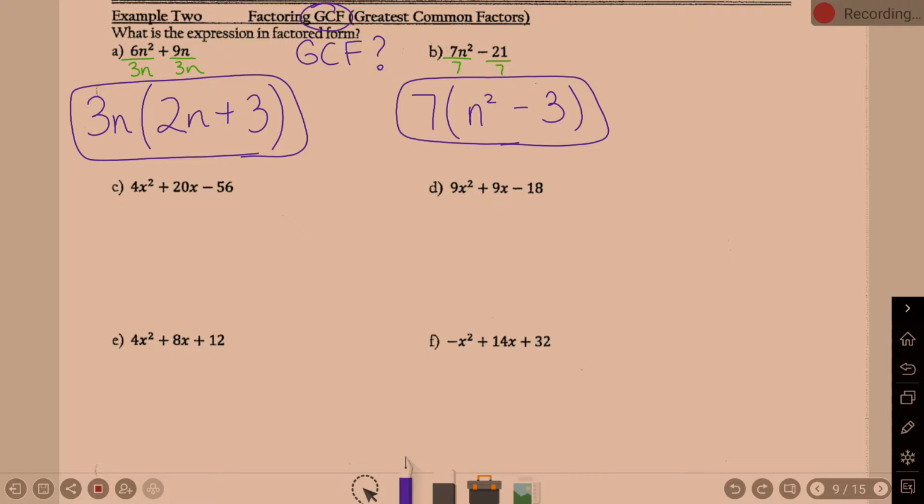Okay, we can multiply it back together as a check. Make sure you don't want there to be any remaining GCF here. If there's any remaining GCF, we didn't get the biggest.